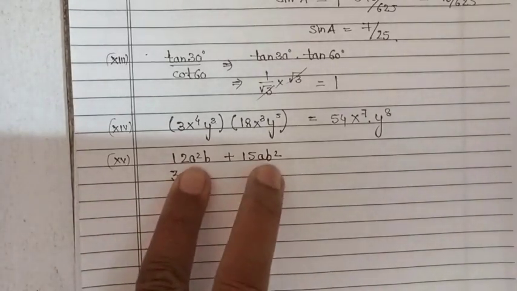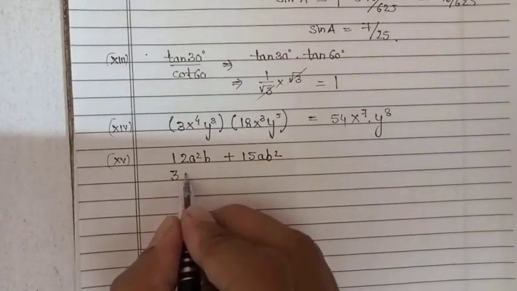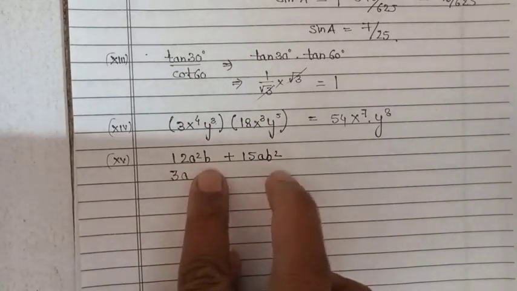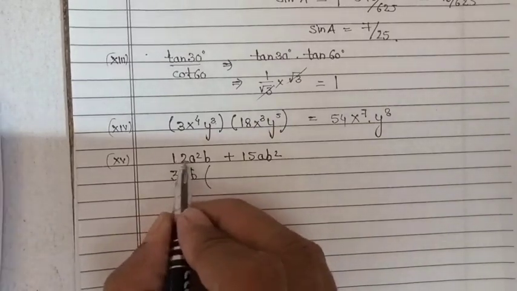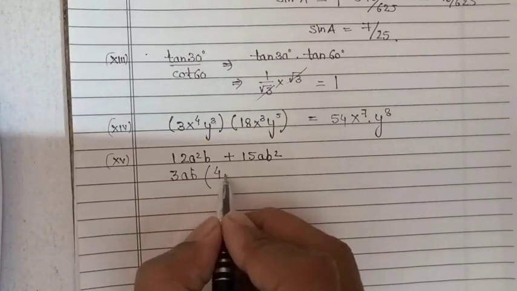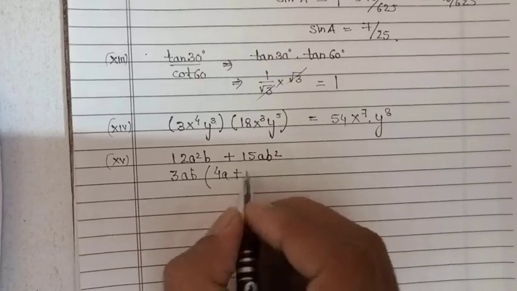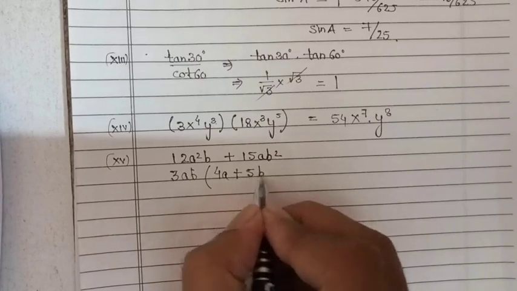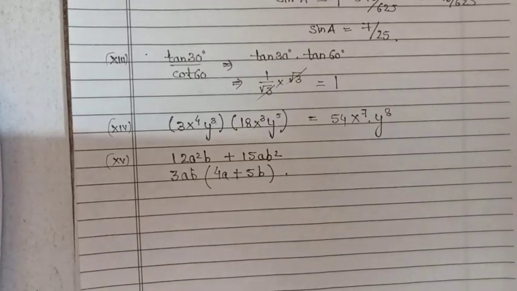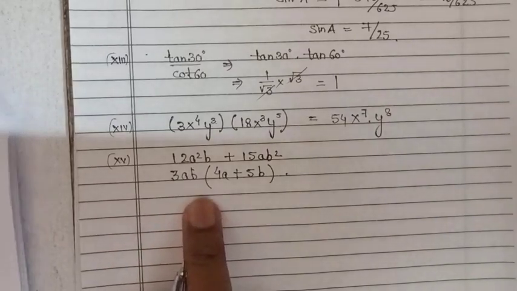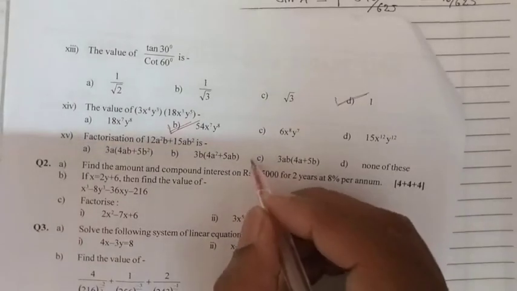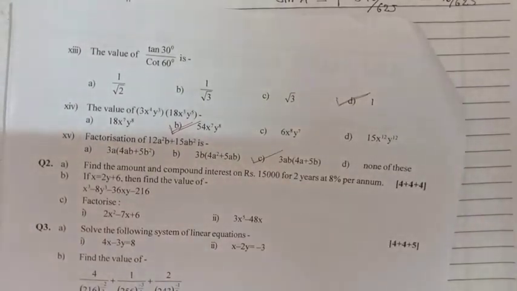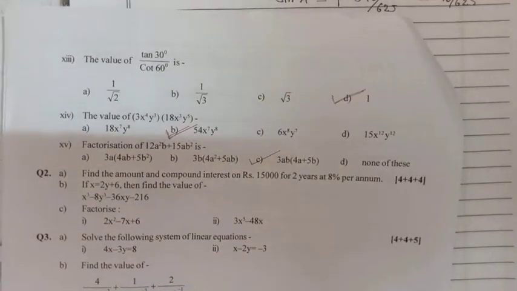Then taking common from a square and a, it is a. Taking common from b and b square, it will be b. So here you will be left with 4a, and here you will be left with 5b. So your result will be 3ab, and within bracket you have 4a plus 5b. Option C. So this question number 1 for MCQ is clear to you.